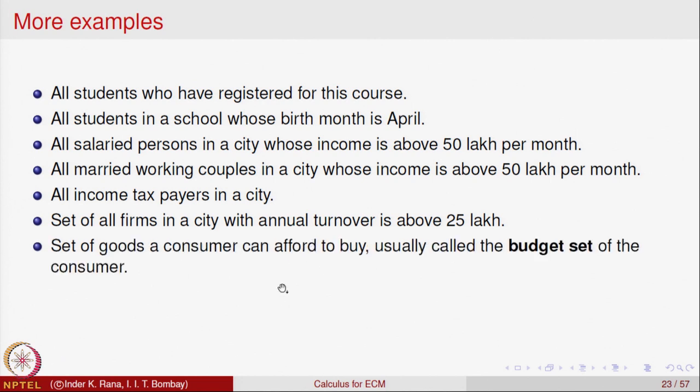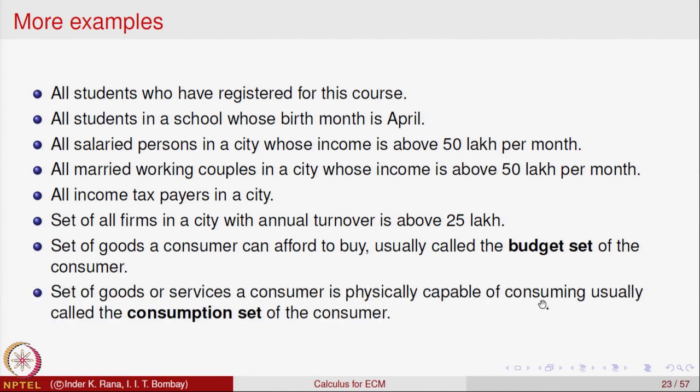Set of goods a consumer can afford to buy, normally called the budget set, meaning these are the goods the consumer will be able to afford to buy because of his income. So, this is normally in economic terms called the budget set of the consumer. The set of goods or services a consumer is physically capable of consuming is usually called the consumption set for the consumer.